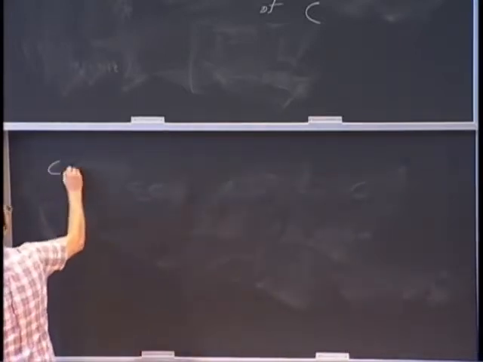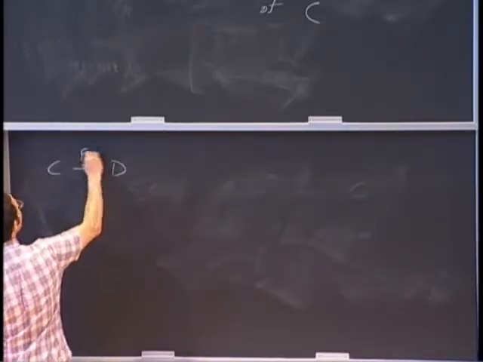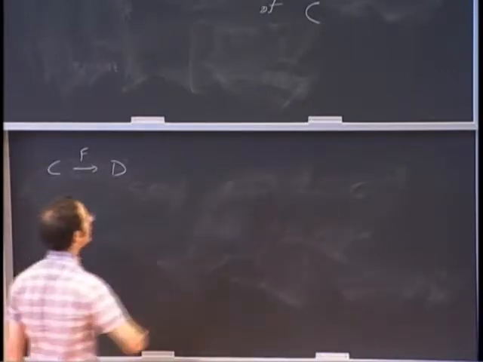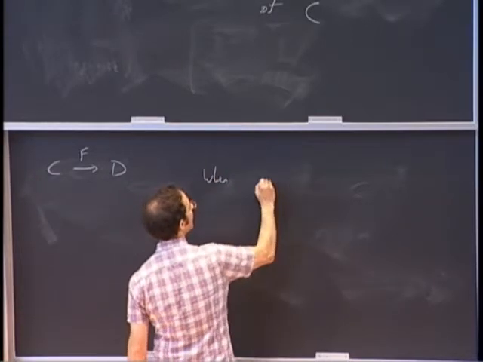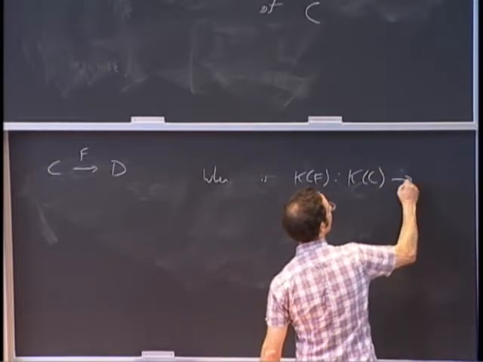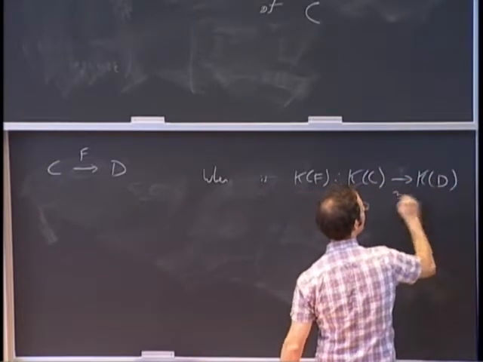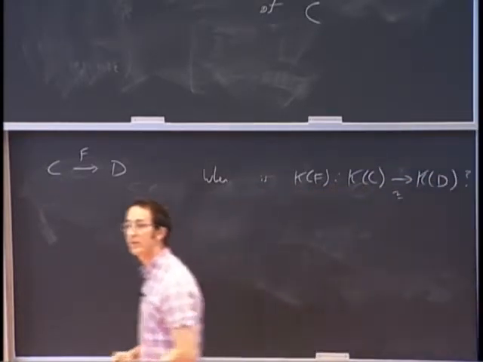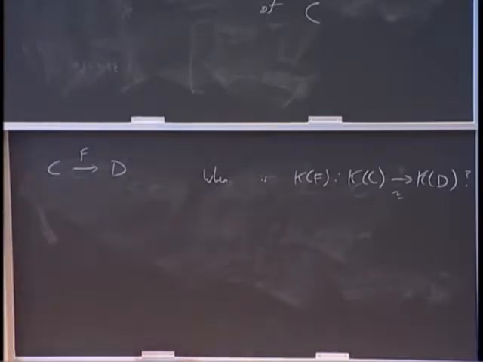So supposing I have an exact functor, or a weakly exact functor f from C to D. I can ask, when does this induce an equivalence on K-theory? When is Kf from KC to KD an equivalence? That's a very natural question in this context.